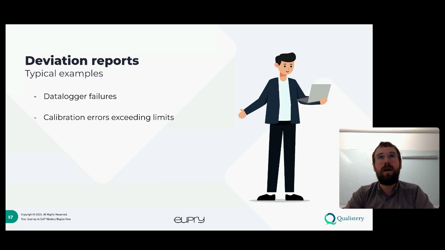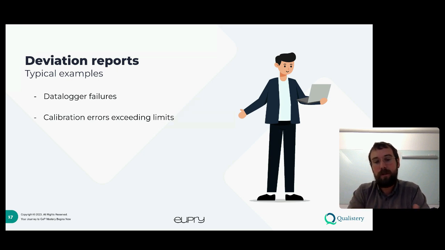It could be calibration errors exceeding the limits. So when you perform your initial calibration and your exit calibration, if you chose to do so, if either one or the other is outside those calibration limits, then what can you do? Well, it does not mean you can't use the data. You just need to assess what impact it has on our conclusions.